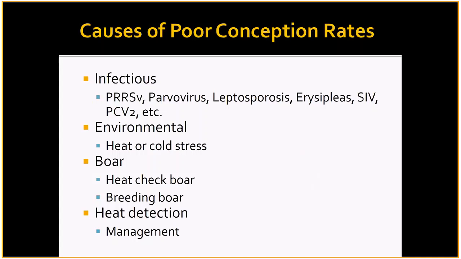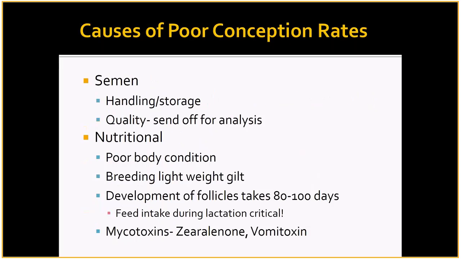Obviously, a lot of different environmental stressors, really hot summers, cold stress, things we talked about with the poor quality heat check boar, your breeding boar, anything with heat check management, so a personnel issue.